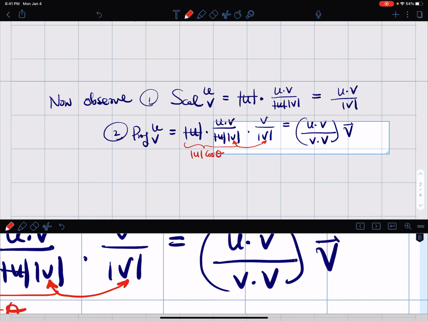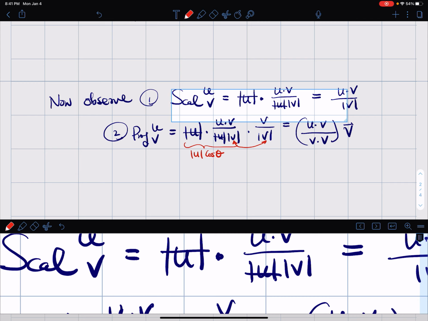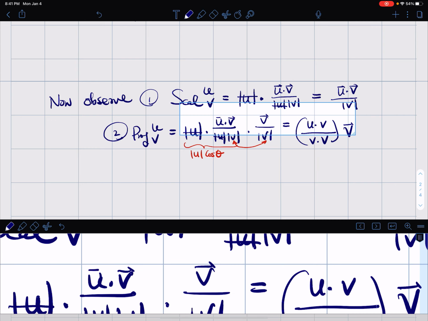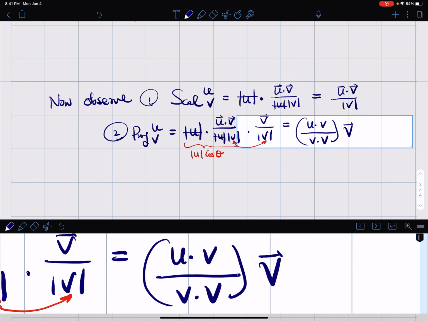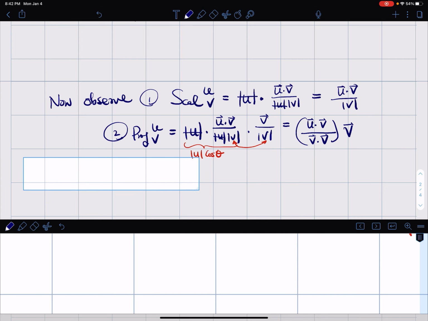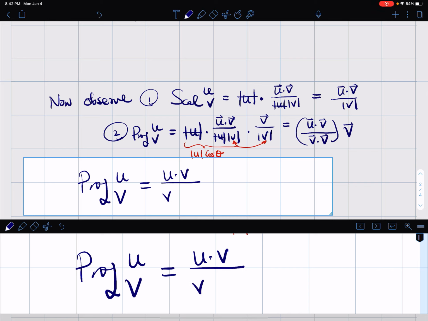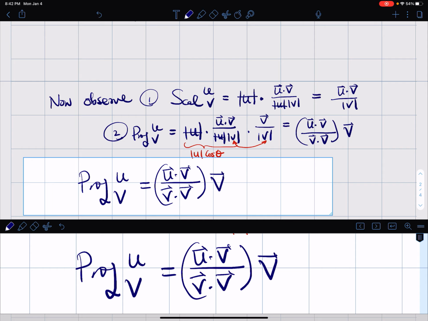Okay? So what did I do? Let's put arrows on top of all our vectors to make it clearer. Okay. So in summary, the projection of u onto v is u dot v over v dot v times v, in terms of the dot product.